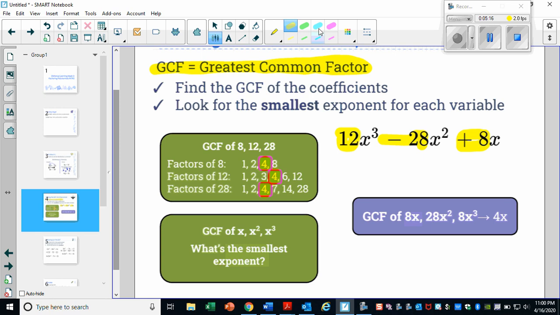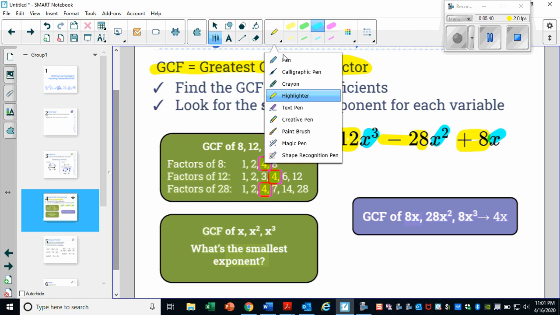Now, when you look at the variable part, you have to look for an x cubed, x squared, and x. You have to look at what is the smallest exponent. The smallest exponent out of x cubed, x squared, and x is 1.